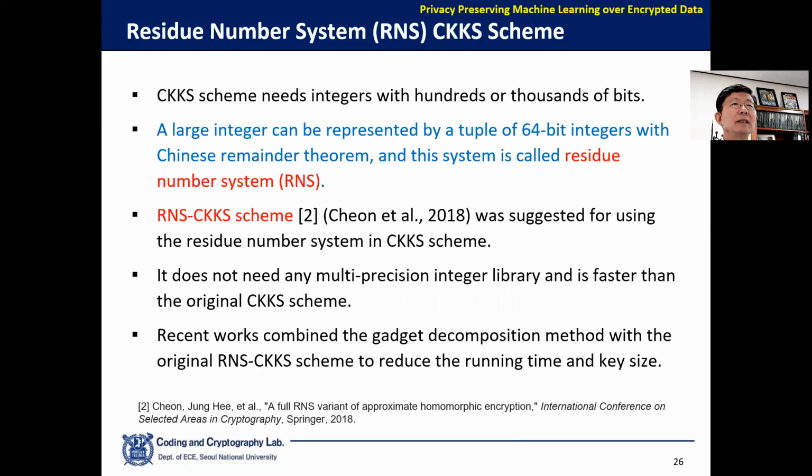It does not need any multi-precision integer library and is faster than the original CKKS scheme. Recent work combined the gadget decomposition method with the original RNS-CKKS scheme to reduce the running time and key size.